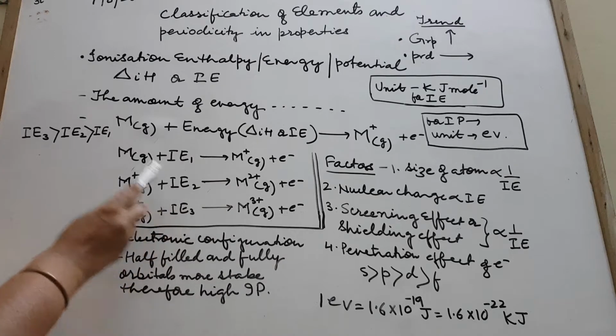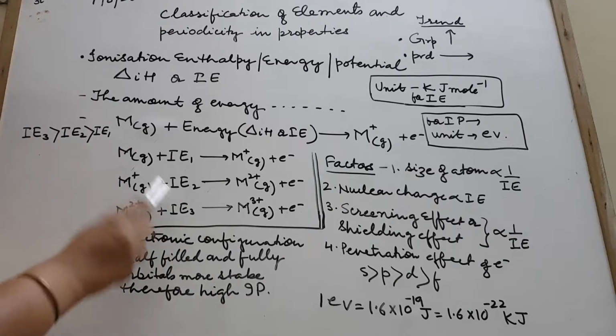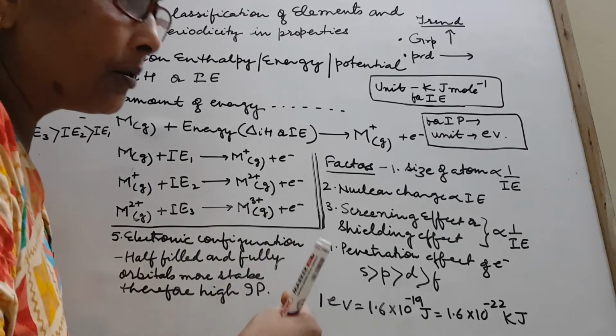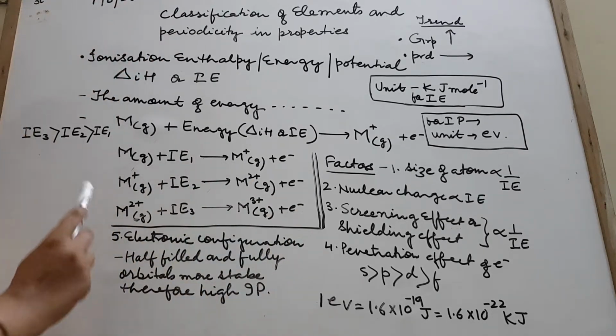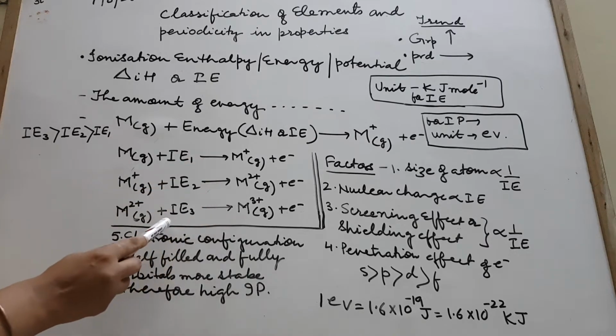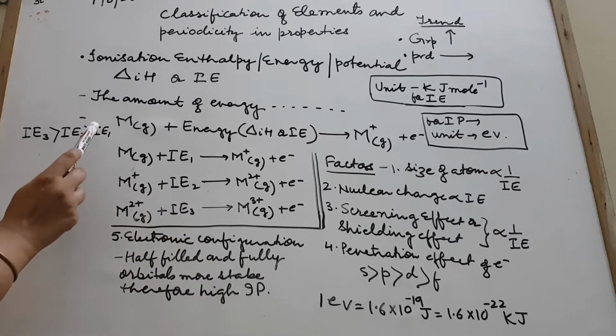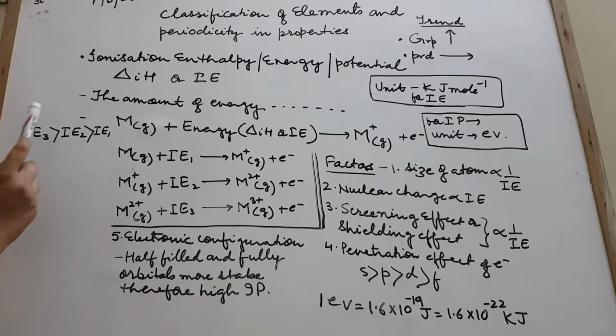The third will be further less loosely bound, so we'll require more energy. Less loosely bound means more tightly bound. So out of these three energies, IE1, IE2, IE3, the first one is the lowest, and the value increases through IE2, IE3. This point you will note down.